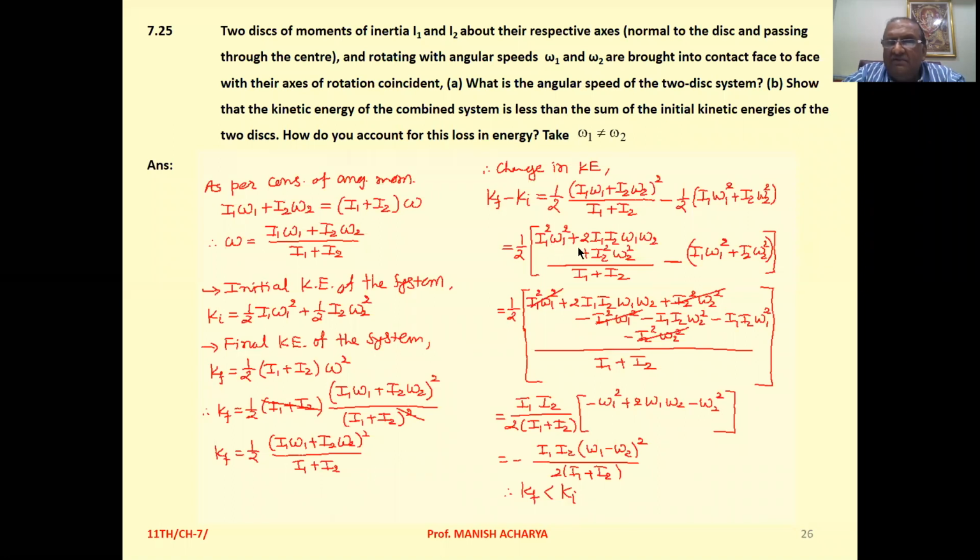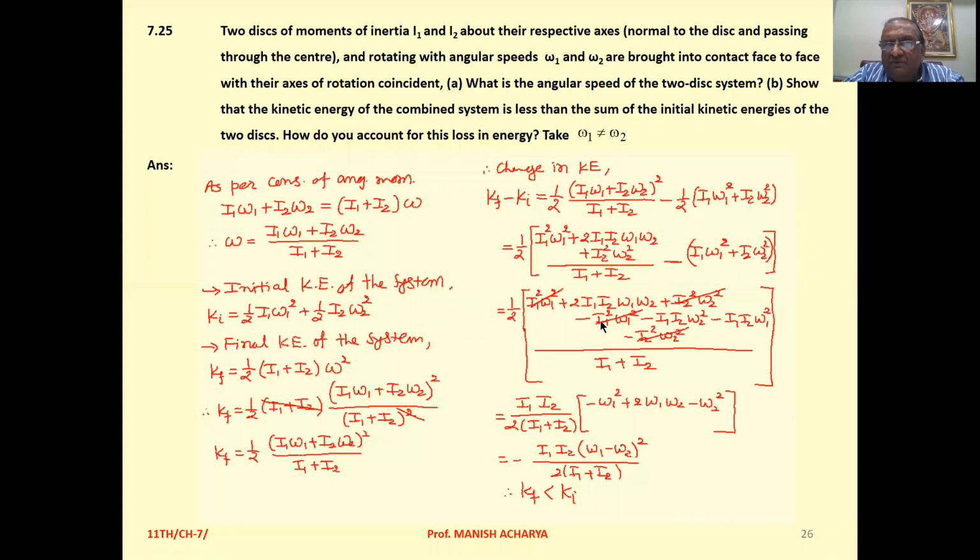So I1 square omega 1 square plus 2 I1 I2 omega 1 omega 2 plus I2 square omega 2 square upon I1 plus I2, minus this one, I1 omega 1 square plus I2 omega 2 square. Now take I1 plus I2 LCM. This term as it is, I1 square omega 1 square plus 2 I1 I2 omega 1 omega 2 plus I2 square omega 2 square.